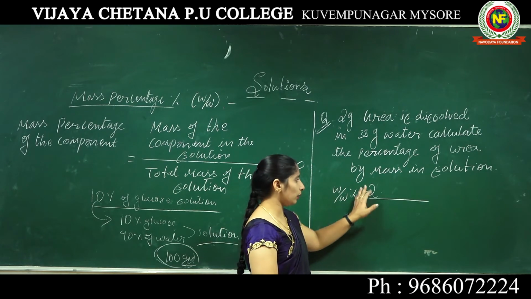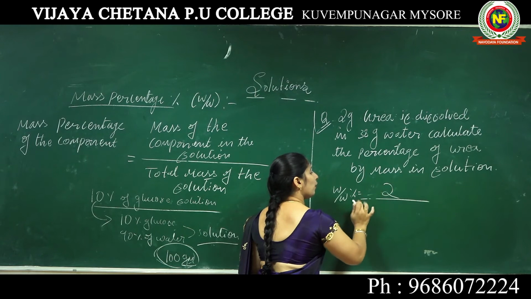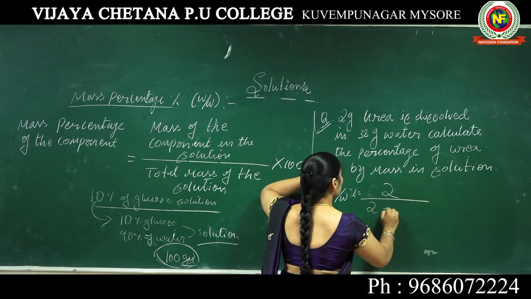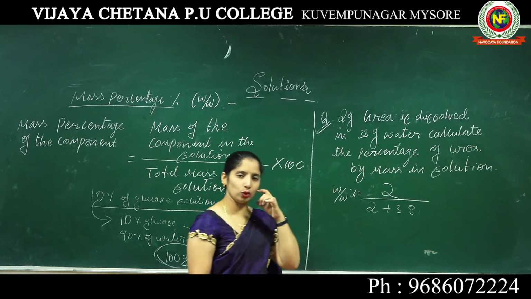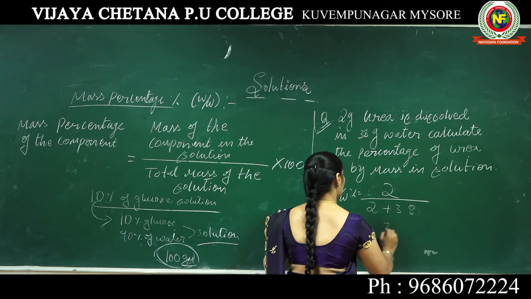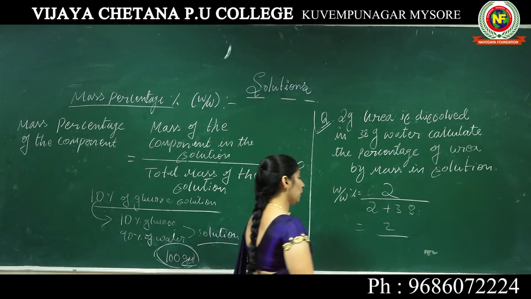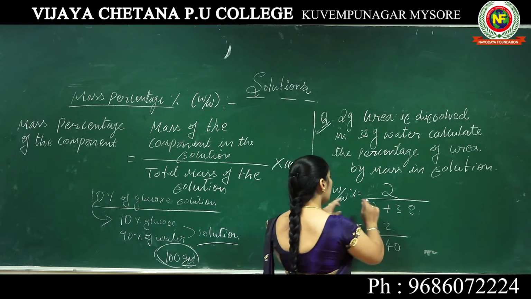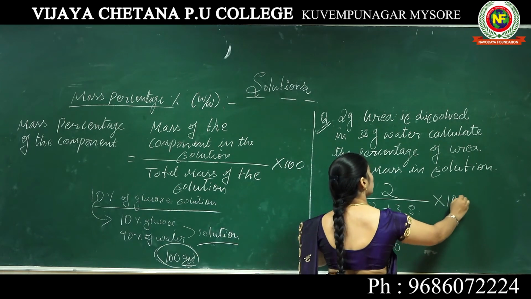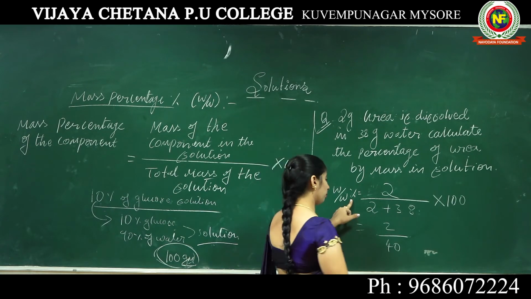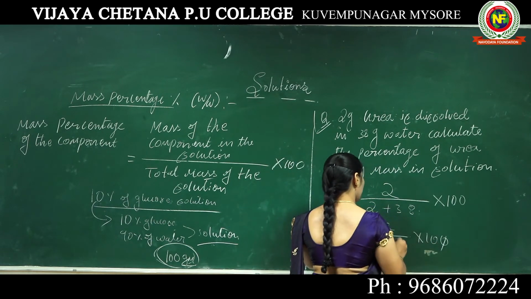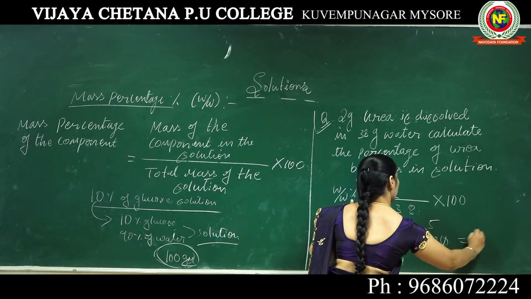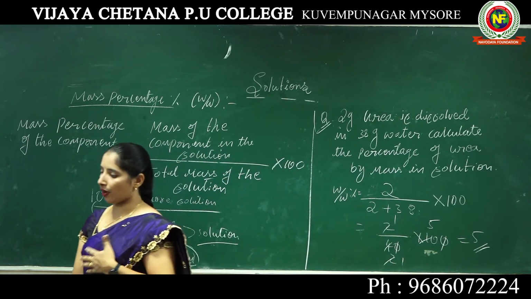We know the mass of the solute is 2. Then write the mass of the solution: 2 plus 38, which is 40. So 2 by 40, and in percentage, don't forget to multiply by 100. Putting in the 100, it cancels down, and the value is 5.